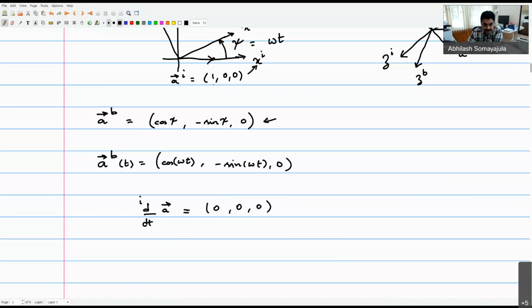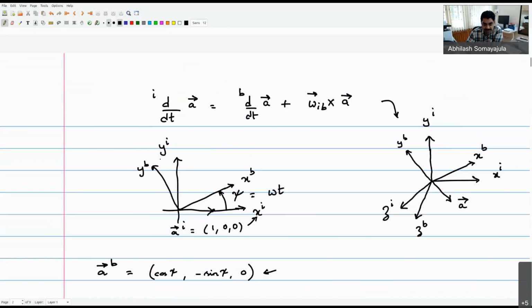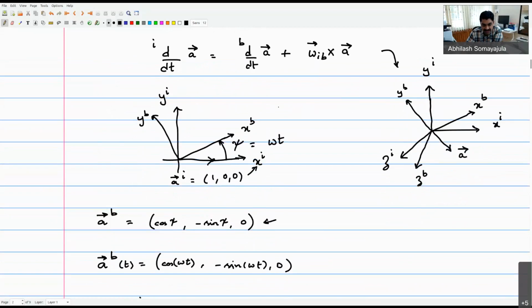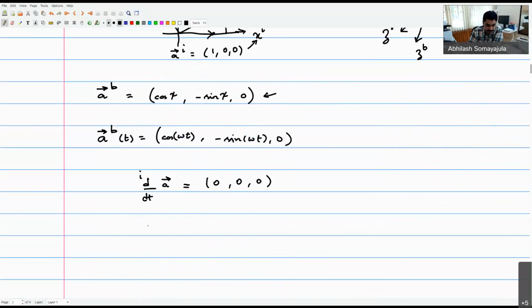Yes, sir. Okay. Now we'll try to compute the same thing from the right hand side of this equation and see whether we are matching up with it or not. First, we'll calculate this term, d by dt of A in the body fixed frame. So when I take d by dt in the body fixed frame of the same vector, what do I get?